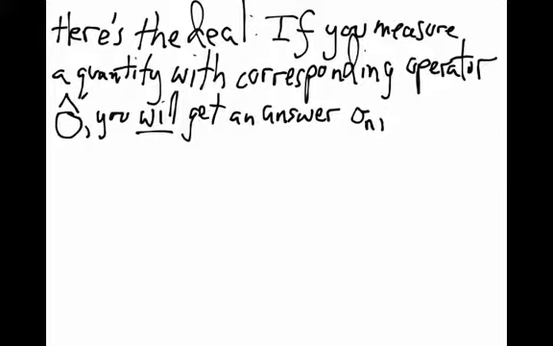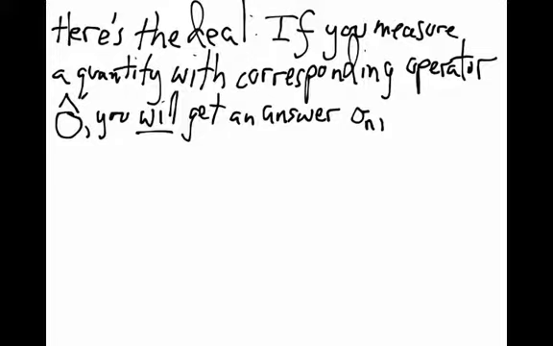So remember always, when you make a measurement on a quantum system, that corresponds to munching on the wave function with an operator. It's some kind of mathematical manipulation, whatever that happens to be. You do it, and you will get an answer.